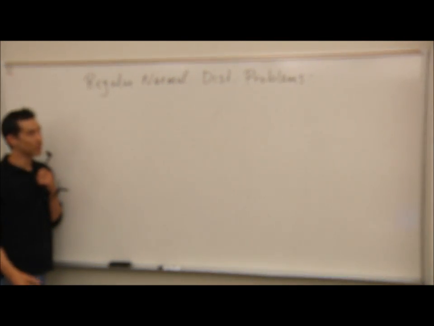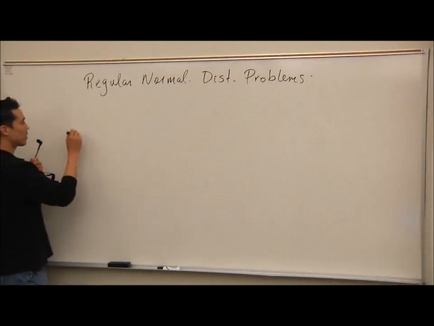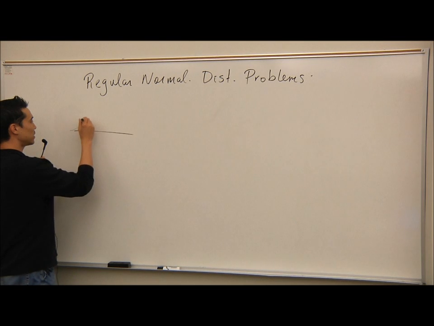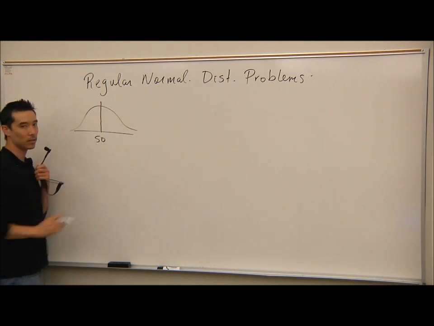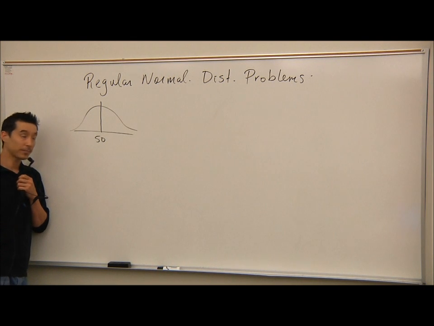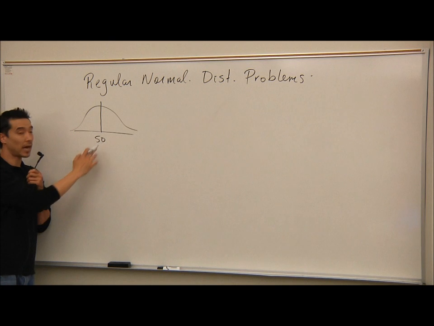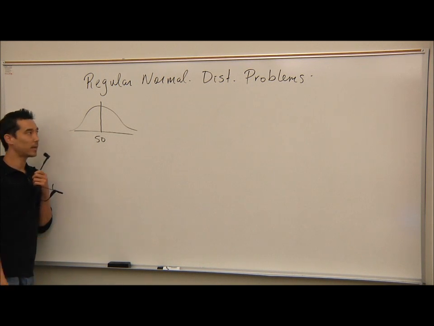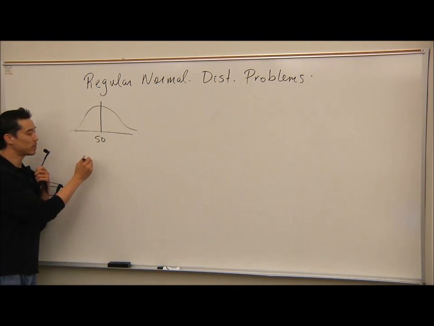If I just make up an example real quick, they might say something like, okay, the cost of tennis shoes is normally distributed, and the mean cost of tennis shoes is $50. Okay? So they give you some sort of normal distribution, they tell you the average, which is right in the middle, we know that. And they might say the standard deviation for the cost of tennis shoes is $5. Okay, so they've given me two things.